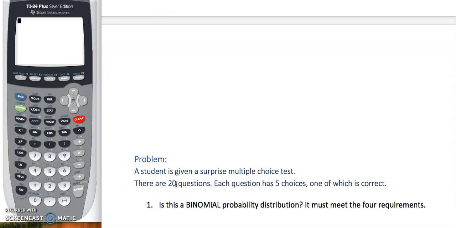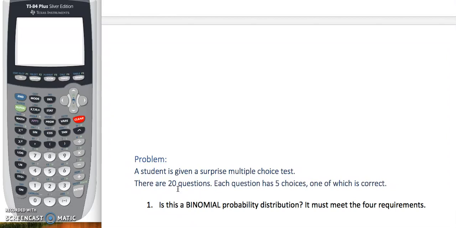Are these trials independent of each other? Yes, sure. The outcome of answering question 1 doesn't affect the outcome of question 2. So these are independent. Requirement 3. Each trial must have all outcomes classified into 2 categories. Is that the case? Sure, I can talk about each trial or each question.